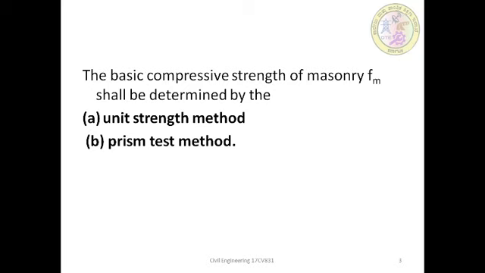Now as far as the prism strength method is concerned, the basic compressive strength of masonry shall be determined by the prism test on masonry made from the masonry units and mortar to be actually used in a particular job. This is the uniform method of testing masonry to determine its compressive strength, and is used as an alternative to the unit strength method.